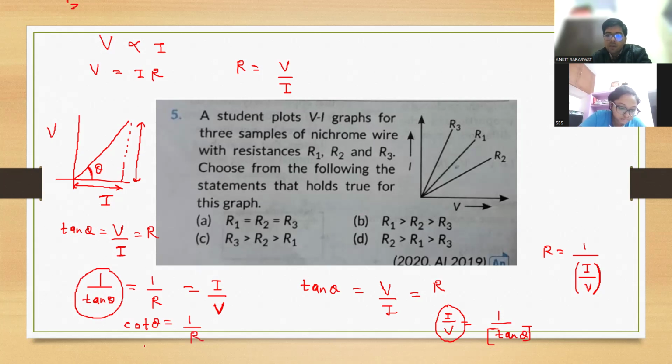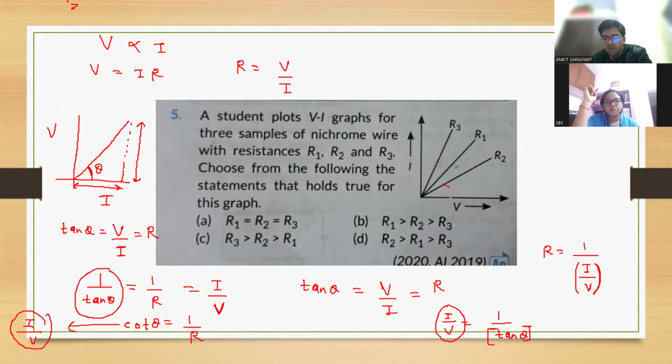Is it correct? Yes, sir. Now this cot theta is actually I by V. Understood? Now check in which case this cot theta is more. Cot theta is basically the slope of the I versus V graph.